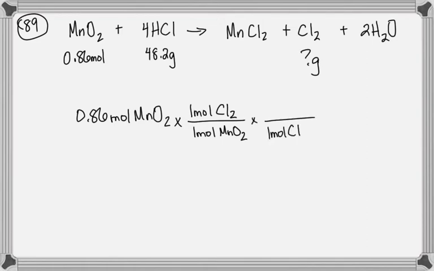And a mole of chlorine is, I need the molar mass, 70.9 grams of chlorine. So I get here 60.97 grams of chlorine.